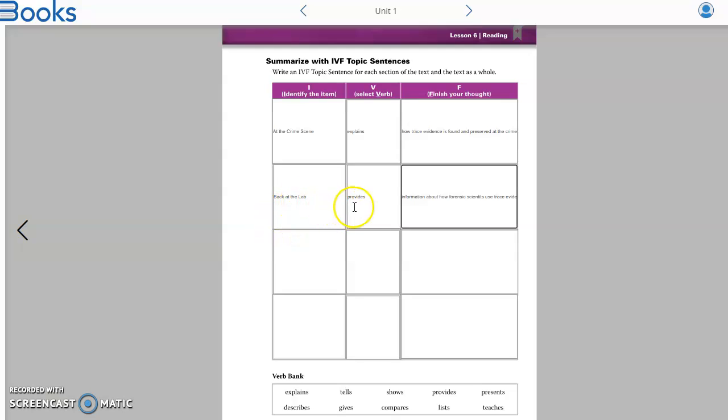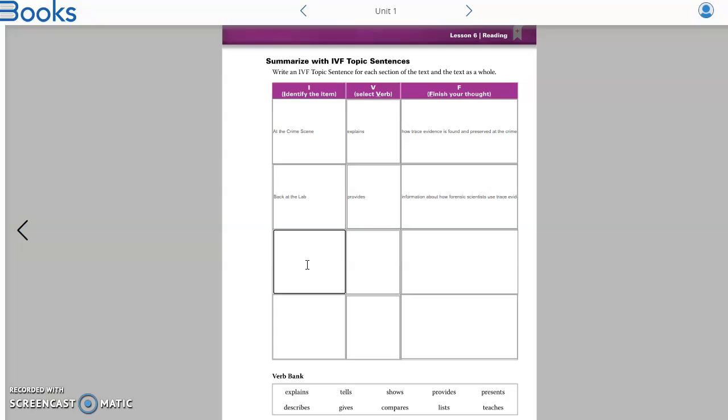Back at the lab provides information about how forensic scientists, I misspelled scientists, use trace evidence and DNA to convict famous criminals.